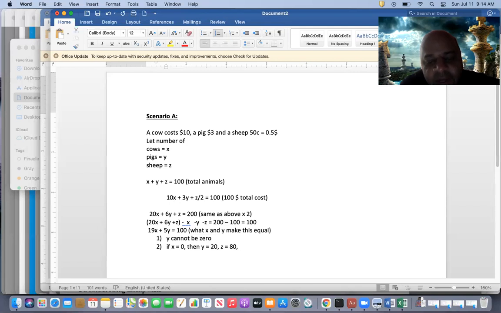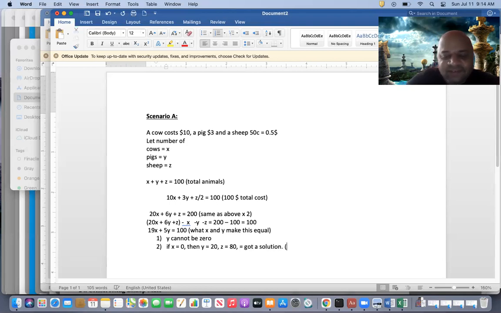So 20 into 3 is 60, and 80 sheep at 50 cents each, so 80 into half is 40. So 60 plus 40 is equal to 100. So you have got one solution.